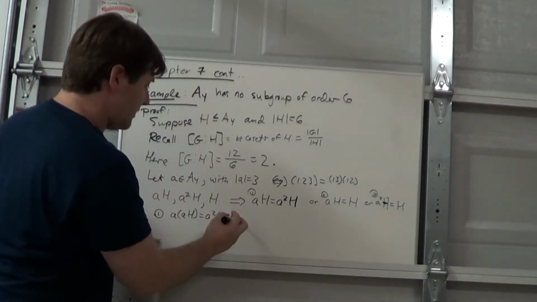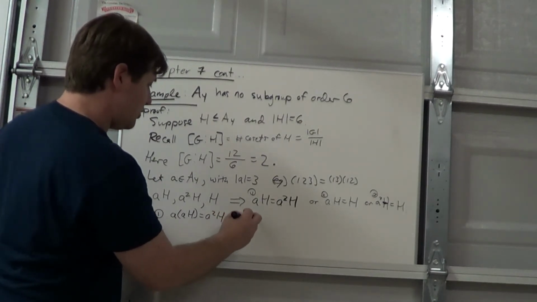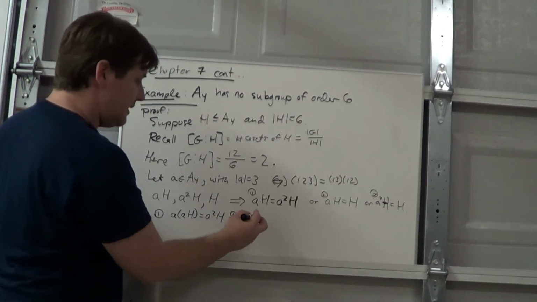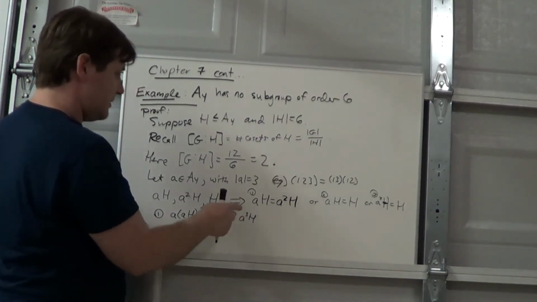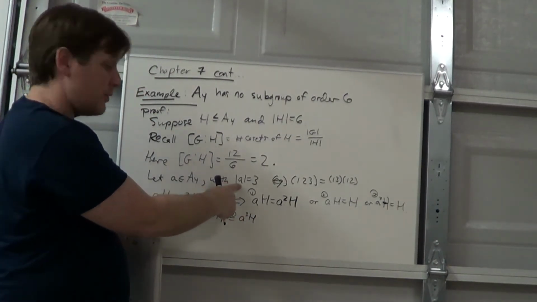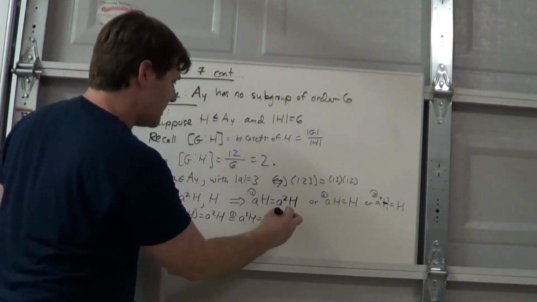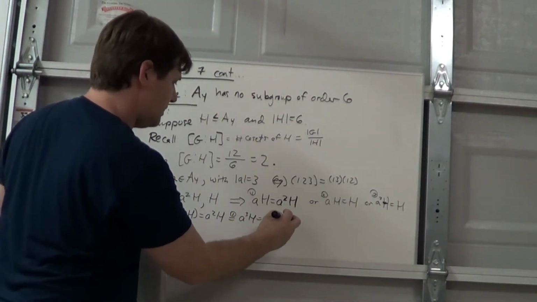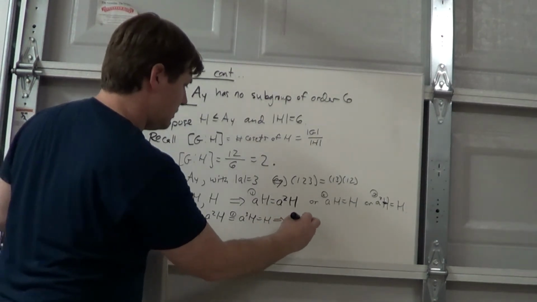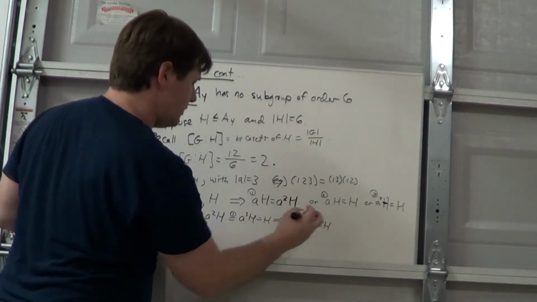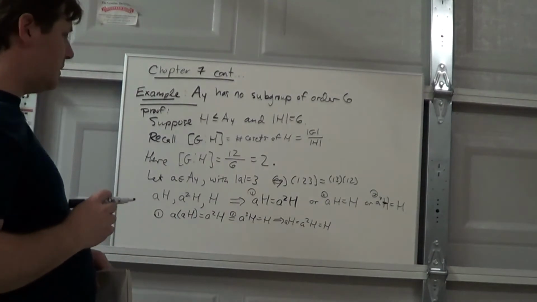But that should also equal, by the first case, A cubed H, which is the identity times H, because A has order 3. So that has to be equal to H, which means all 3 cosets are the same. Okay?